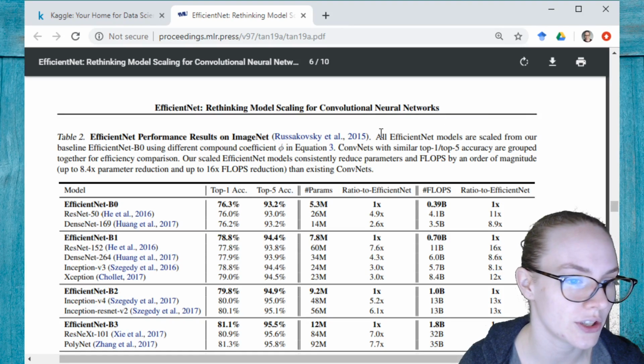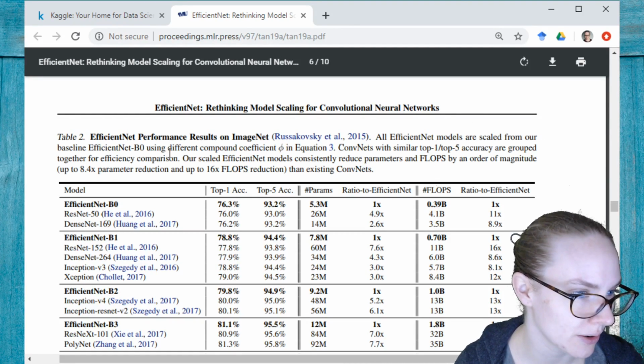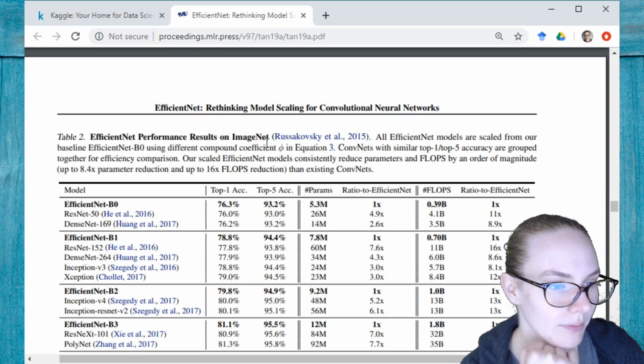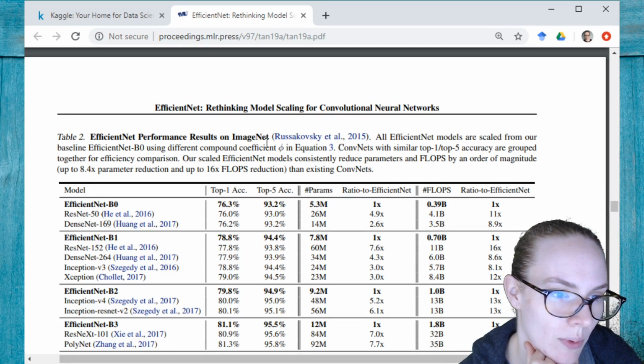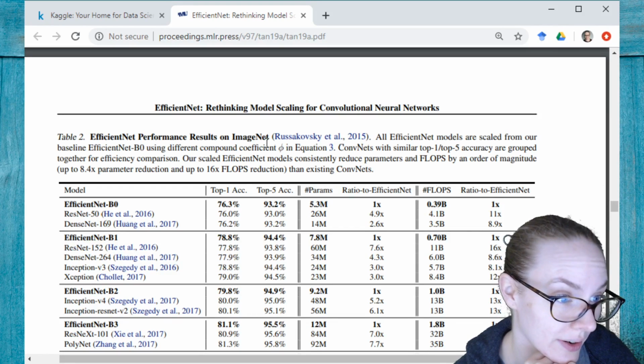Table 2: all EfficientNet models are scaled from our baseline EfficientNet B0 using different compound coefficient phi in equation 3. ConvNets with similar top 1, top 5 accuracy are grouped together for efficiency comparison.